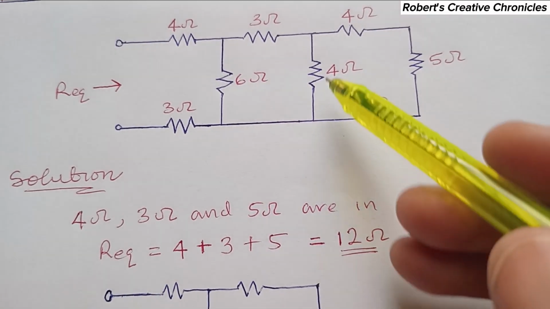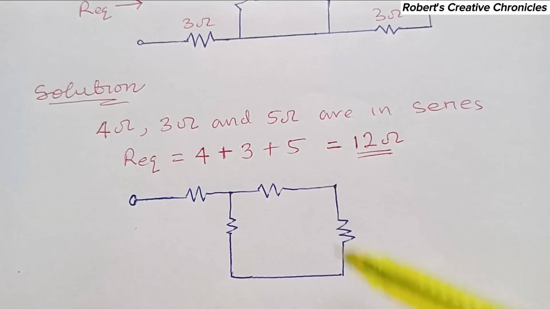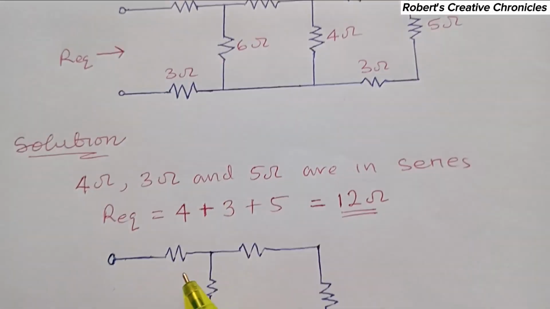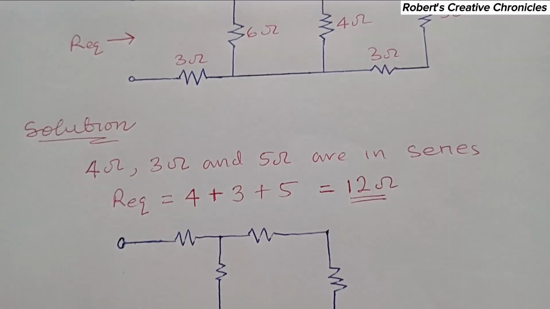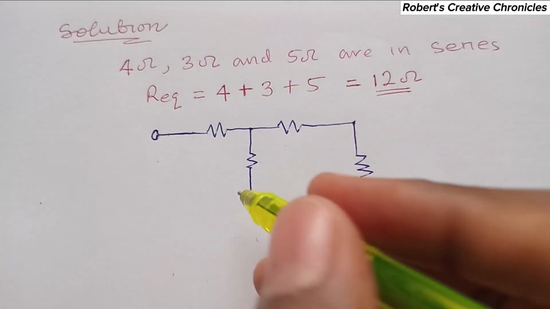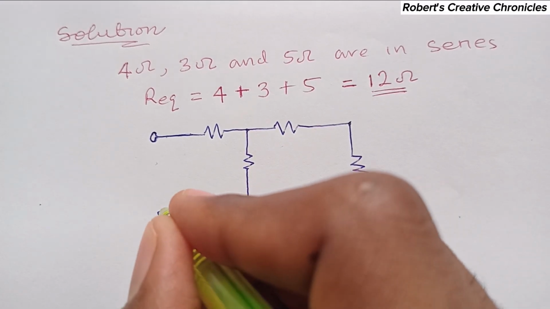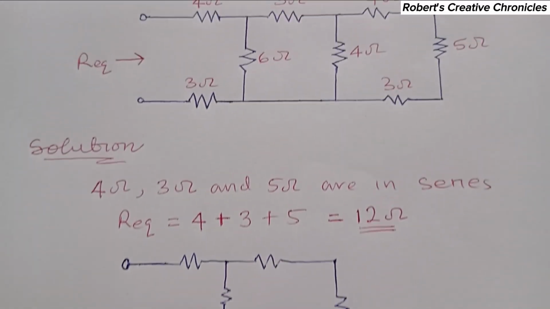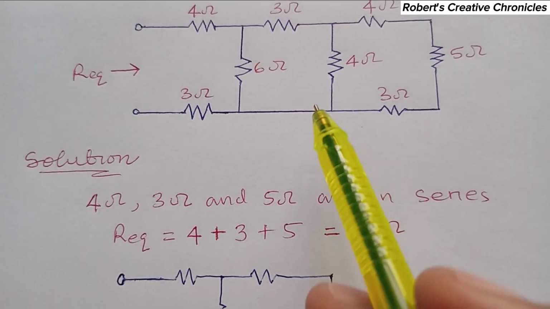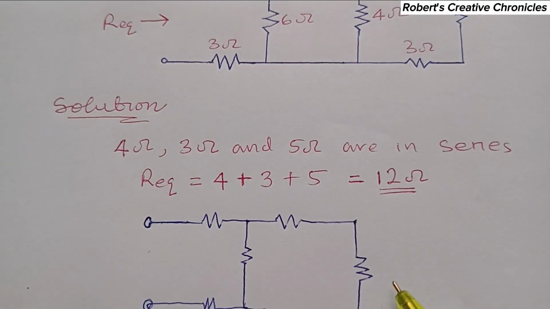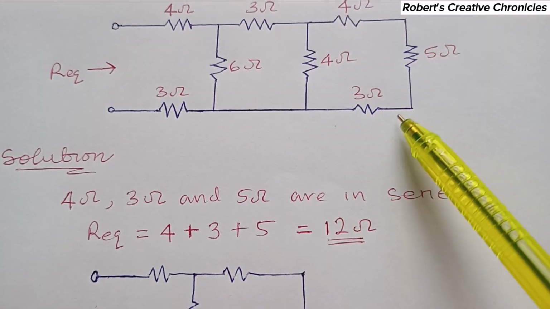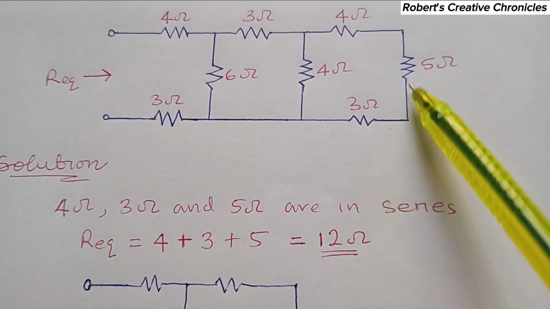So these 2 are here. And this 6 ohm is this. There's a 3 ohm attached. Then this 4 ohm, this is it here. Then these 3, now the equivalent resistance is 12 ohms.